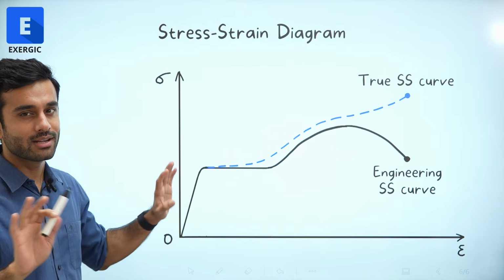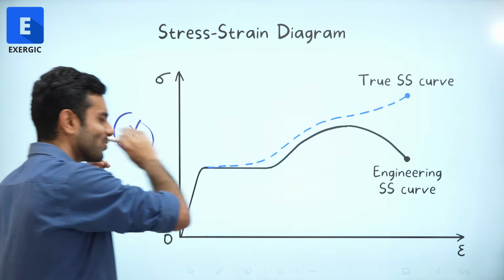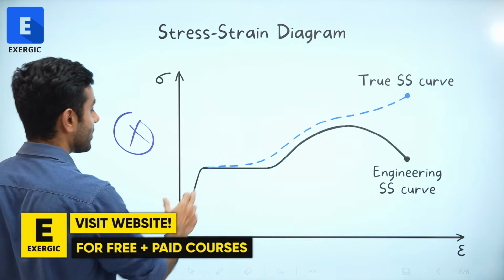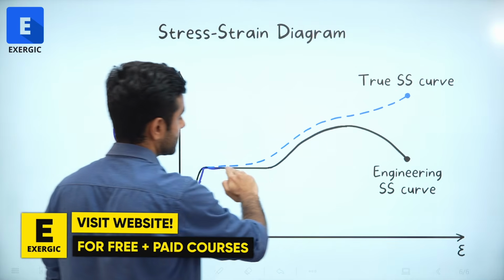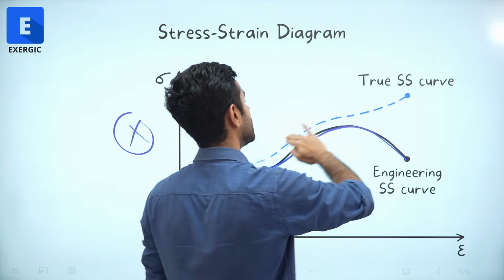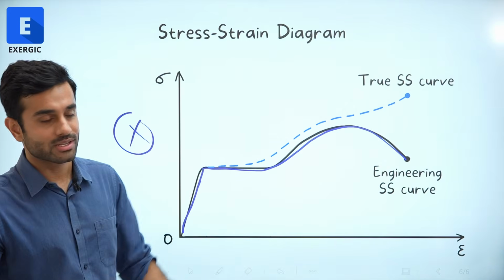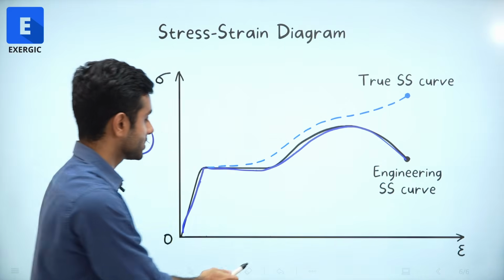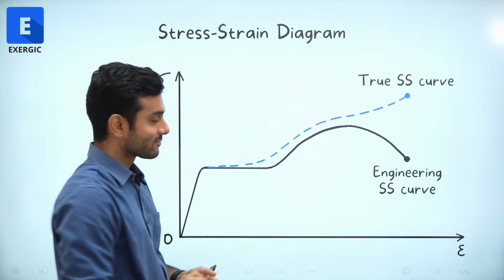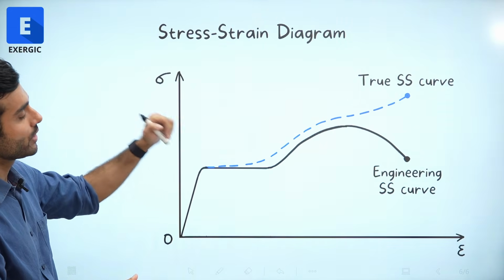Do not draw it at this point. We are going to discuss this in so much detail. Each and every part: why this is going up, why this is constant, why again it goes up, why it comes down, why this continues to go up, the true one, all of it we are going to discuss in detail. You don't have to draw it. I am just giving you a flavor of it, a taste of it, that this is how they are going to vary.